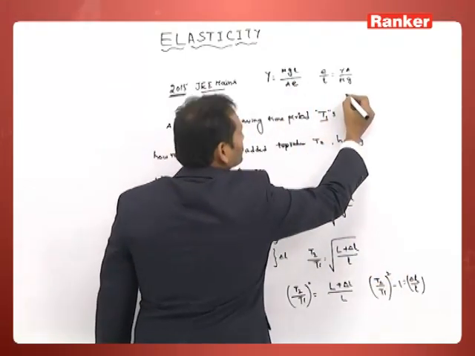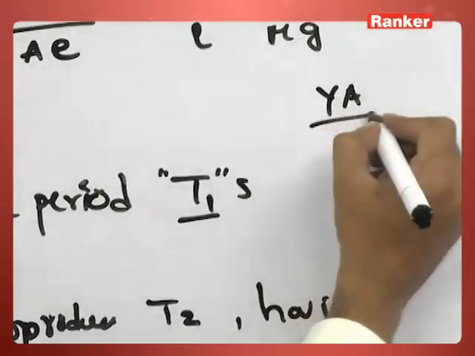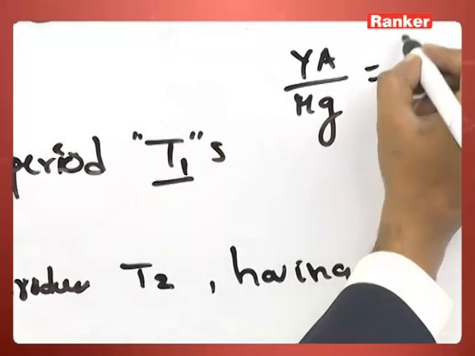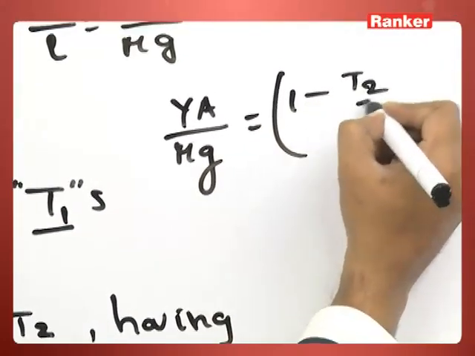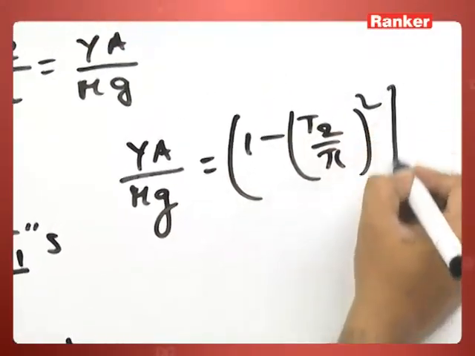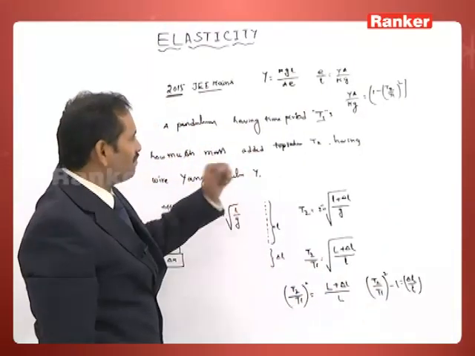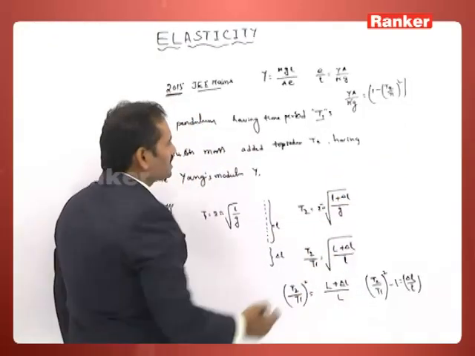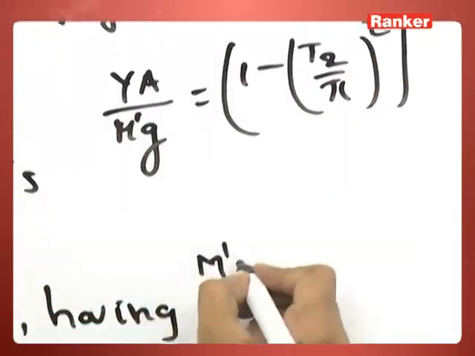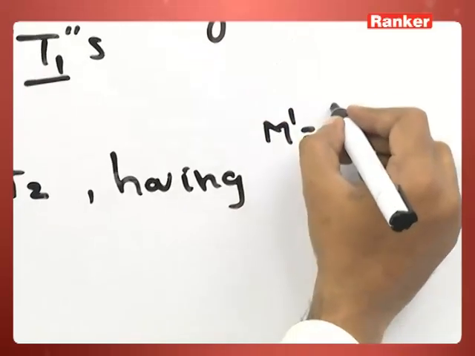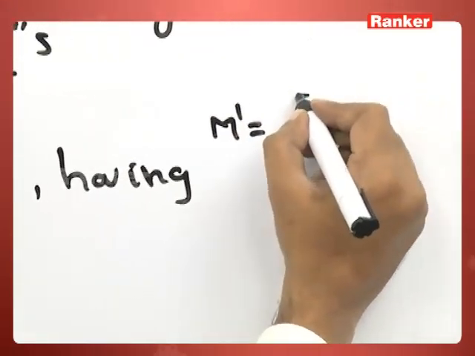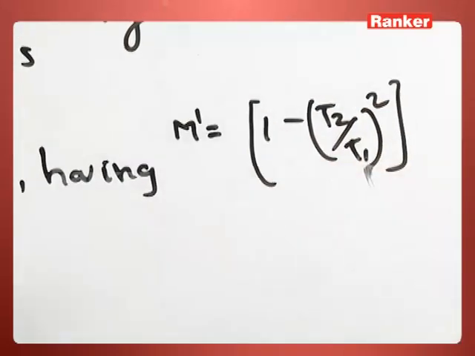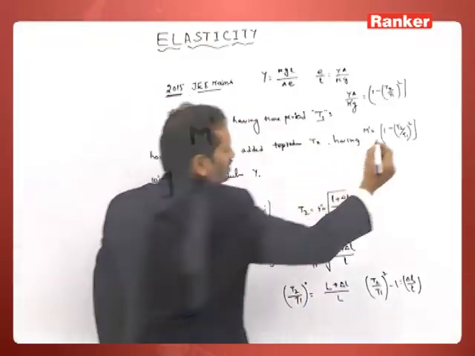Now that equals, from this please substitute, 1 minus T2 by T1 whole square. They asked what? M or M plus delta M, whatever it is, M dash. M dash equals, bringing this to this side, 1 minus T2 by T1 whole square into g upon YA.